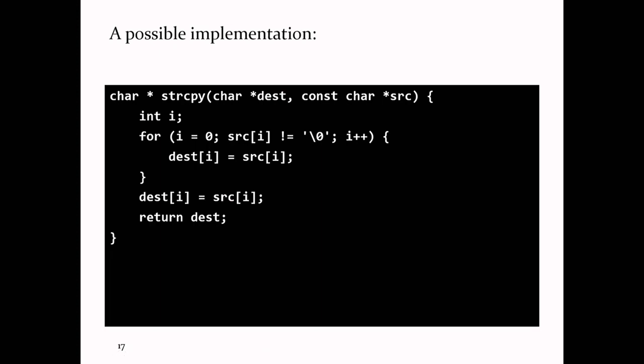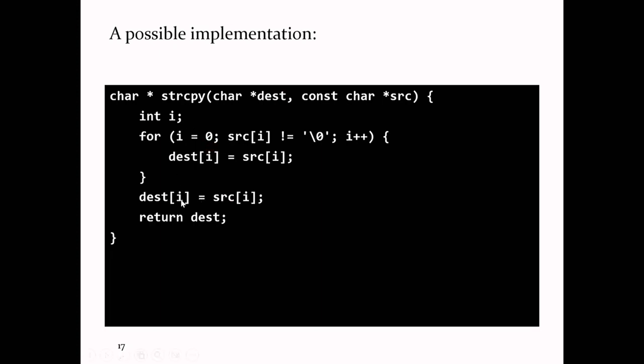So how do you do this? Assuming everything is fine inside src and dest, you're just going to loop until you see a null terminator, copying characters into destination. That's what these are short for: source, destination. So start with i, which is 0.